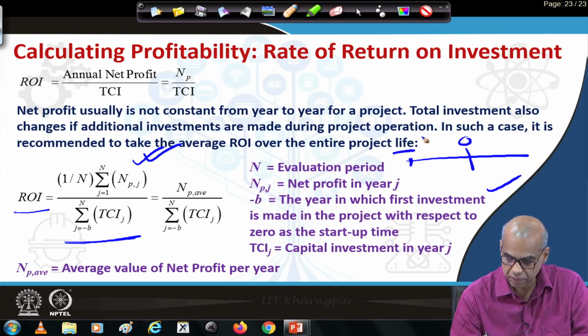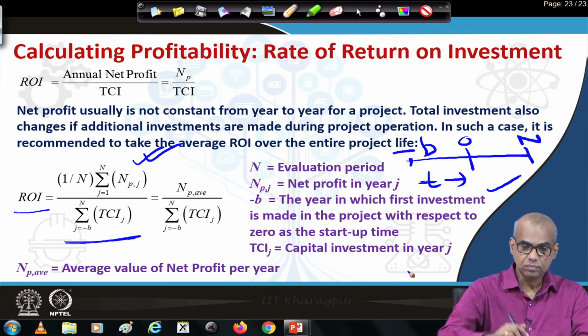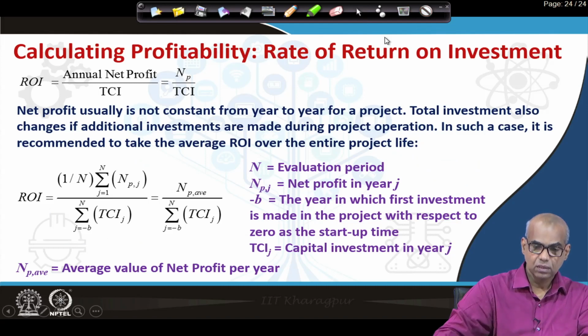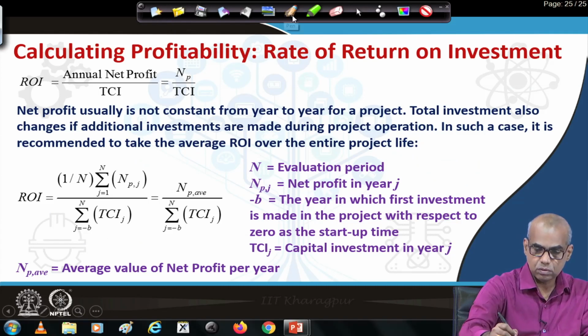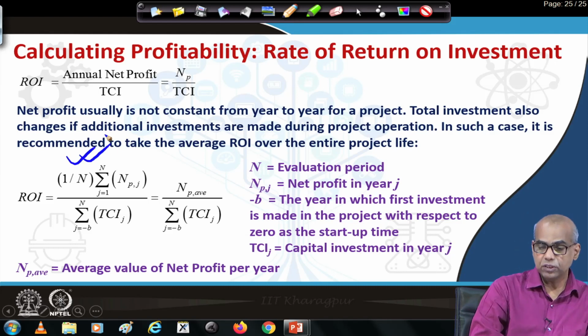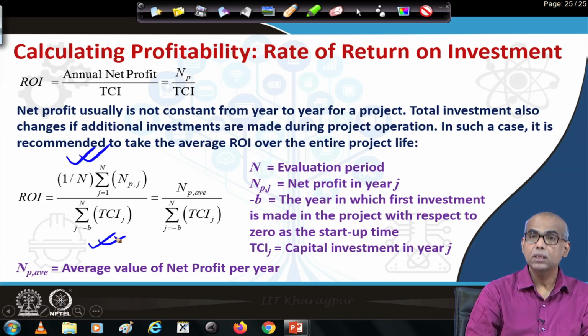So, this is minus b, this is the time axis, and this is the end of the project life, capital N. So, the average return on investment is divided by the total capital investment over the entire project life.